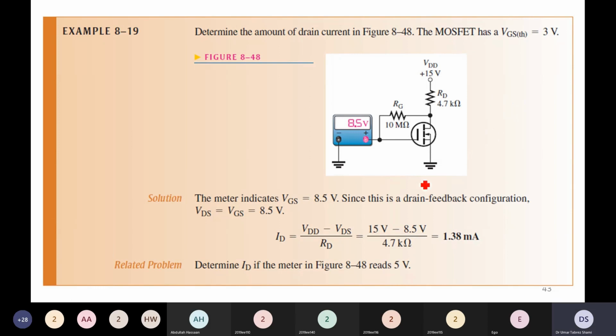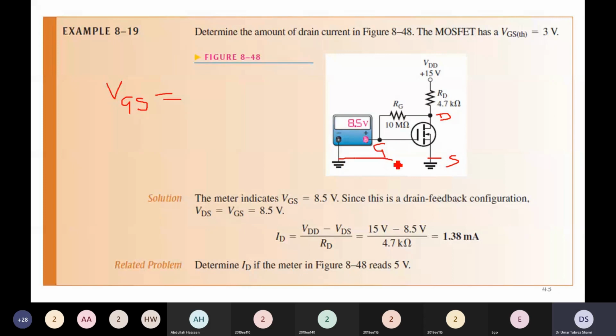Now what we have is this voltage. This is the source, here we have the gate, and this is the drain. In the circuit diagram, what is voltage VGS as measured by the voltmeter? We see that the voltmeter is connected between the gate terminal and the ground terminal.